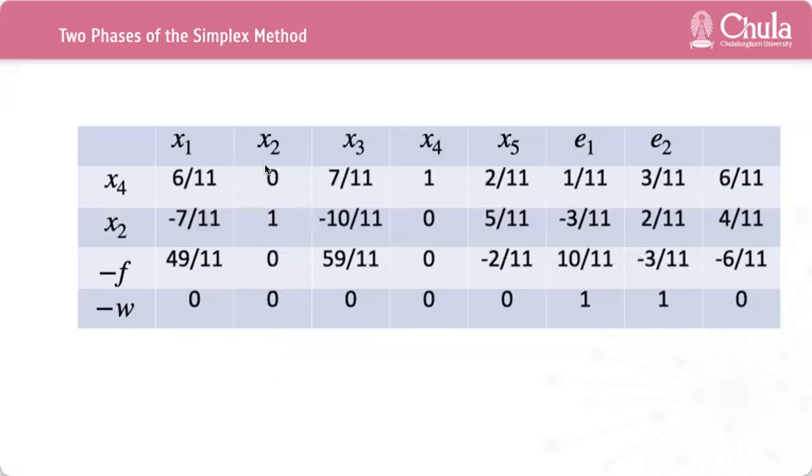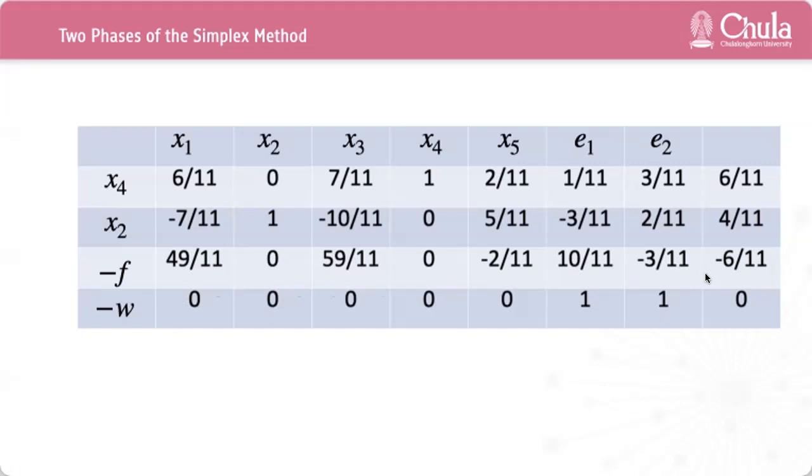Okay, so we end up with this one, 0, 1, 0, 0, this column. And you see that from this table, finally, the right hand side of W is 0. That means the summation of E1 and E2 becomes 0 now. That means we can continue with phase 1.